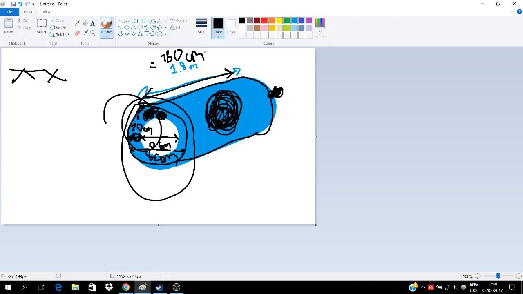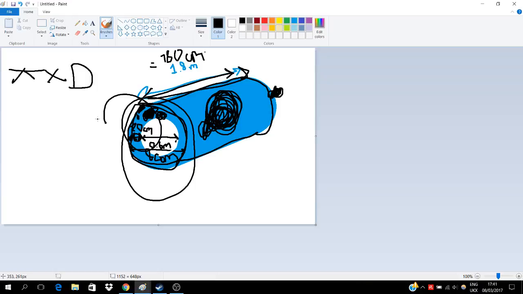To find the circumference is pi times diameter. Why do we need the circumference? Because once we find it, we can times it by the length, and that will give us the surface area of this part over here. So let's find the circumference first.